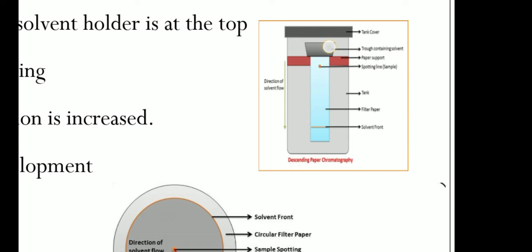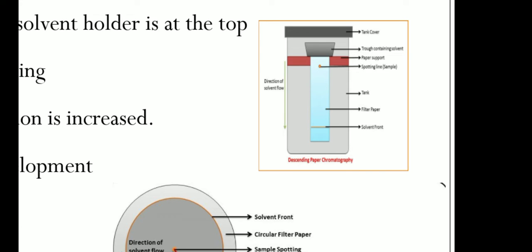The trough consists of the solvent, that is the mobile phase. The paper is kept in an inverted position, so the spots are at the top. A paper supporter holds the paper with the spotted sample.